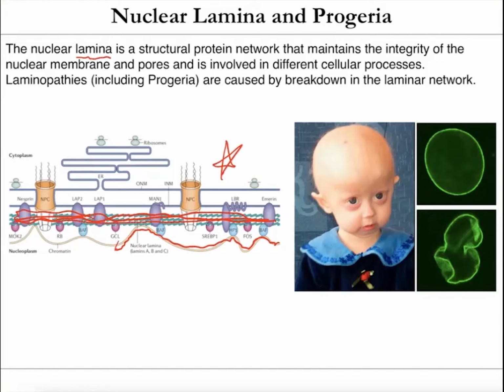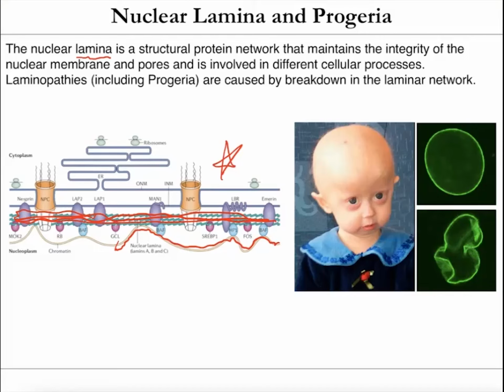Unfortunately, some individuals have diseases called laminopathies, where there's a mutation or something in the lamina that causes issues. This can lead to diseases including progeria. There are a lot of different types of progeria, but they're defined by basically rapid aging in individuals.